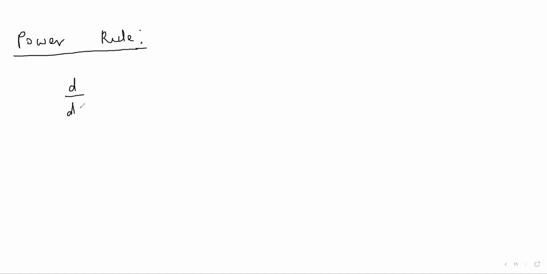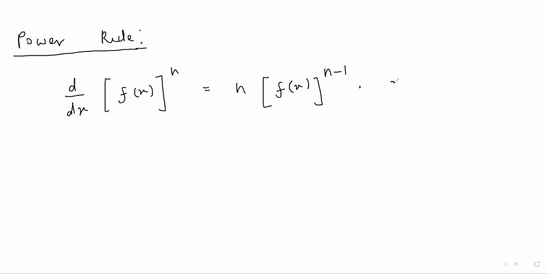If I'm differentiating a function f(x) that is put to the power n, where n is some number, then the derivative of f(x)^n is simply equal to n multiplied by f(x) to the power of n minus 1, multiplied by the derivative of f(x) with respect to x.